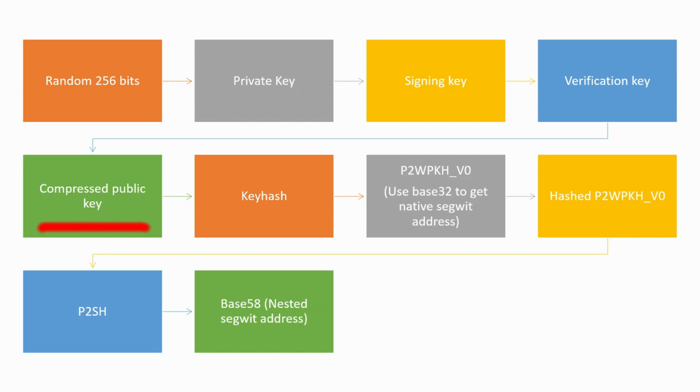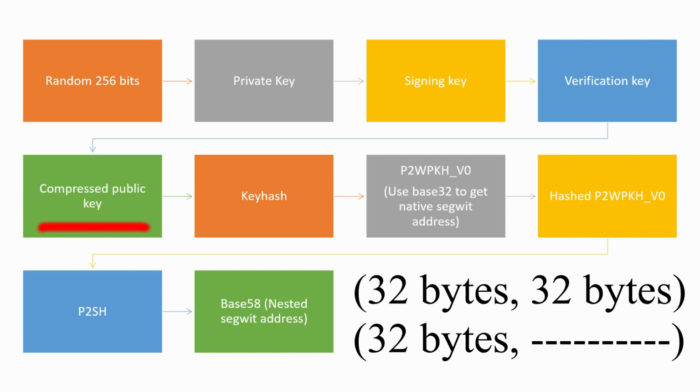Again, it's a public key, but instead of supplying both the x and the y coordinates, we are just going to supply the x coordinate and expect the end user to calculate the y coordinate by themselves.